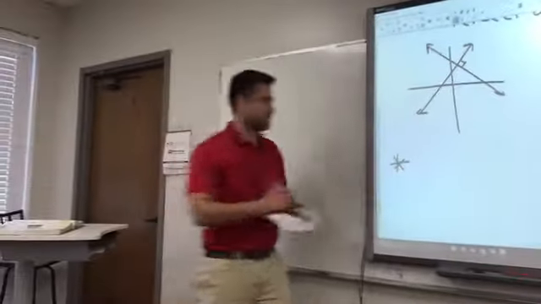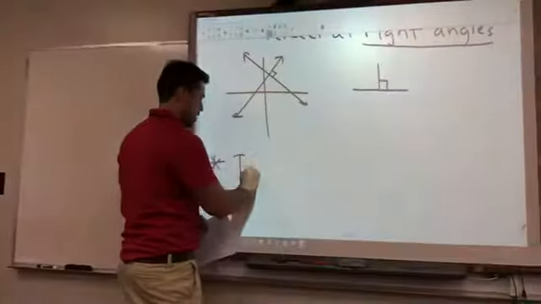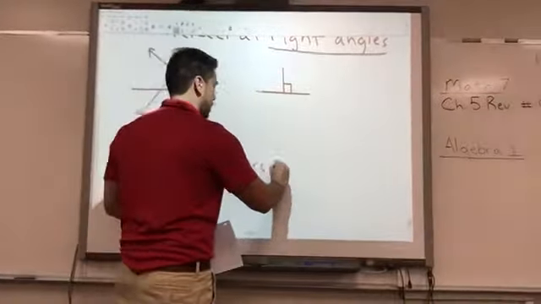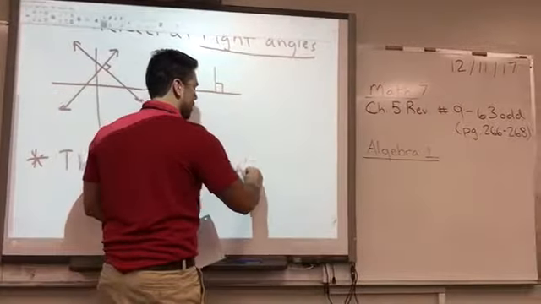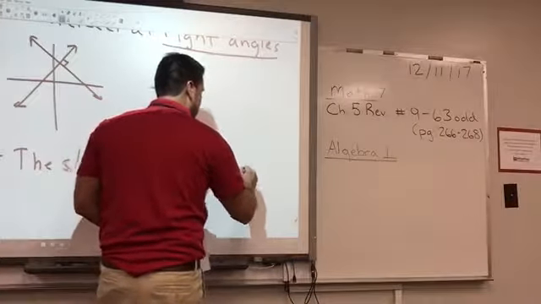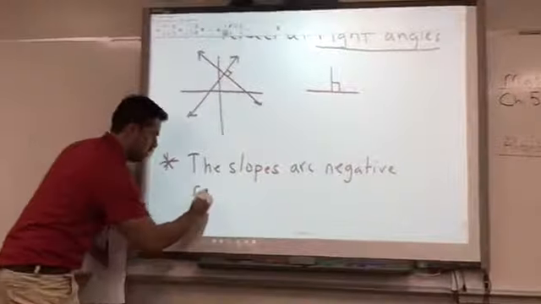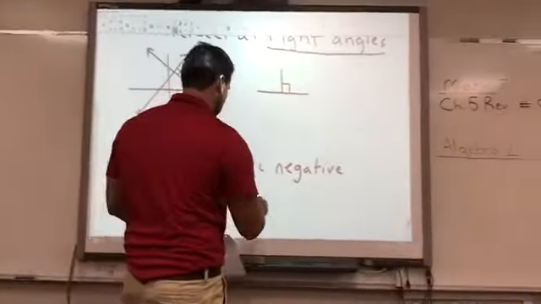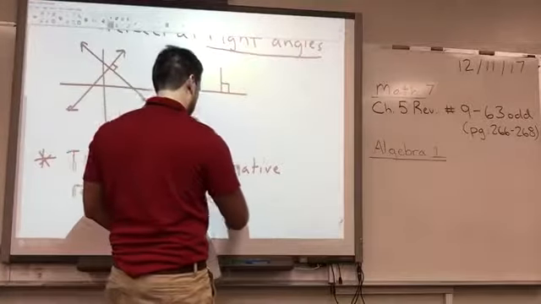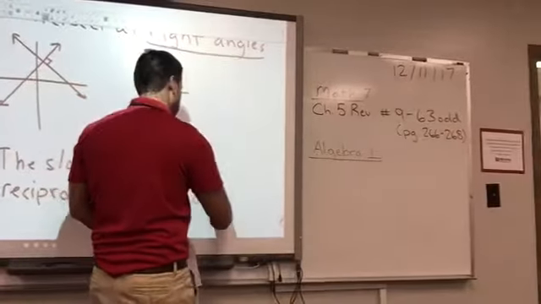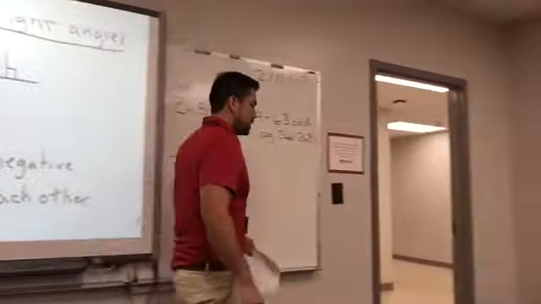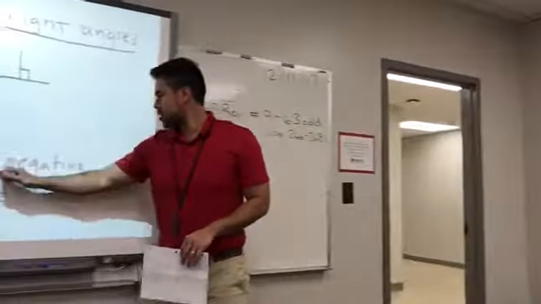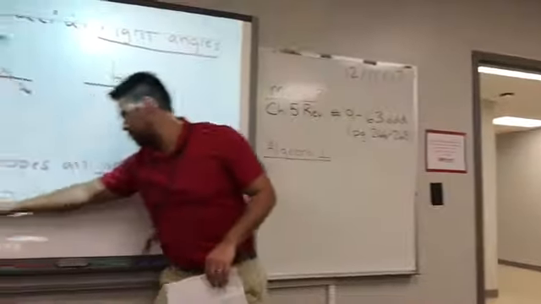I'm going to call this: the slopes are negative reciprocals of each other. You basically got it, James. The key term is negative reciprocals.